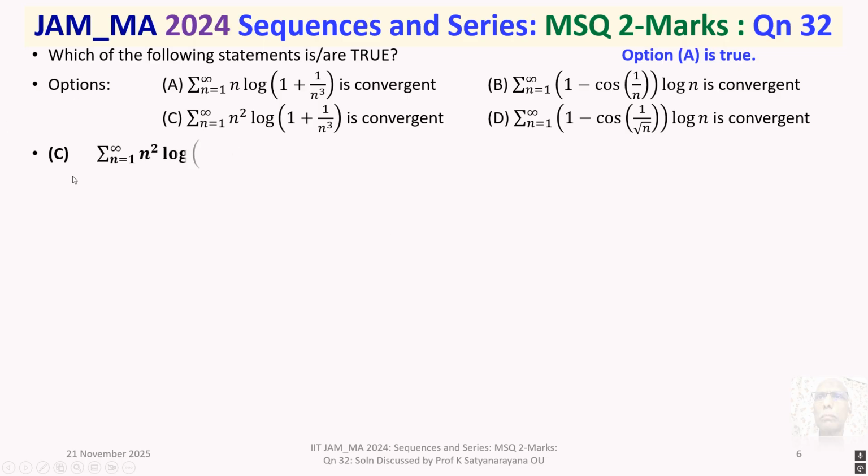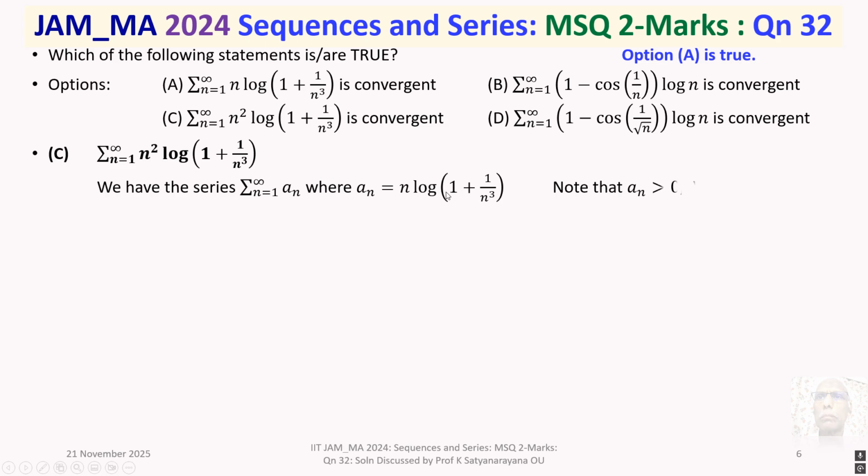Option C we have considered: sigma n equals 1 to infinity n square into log of (1 plus 1 by n cube). Similar steps we will have. We have the series sigma an, where an is n square times log of (1 plus 1 by n cube). Note that every term an is positive for every n belonging to the set of natural numbers. Now, an is equal to n square into log of (1 plus 1 by n cube).